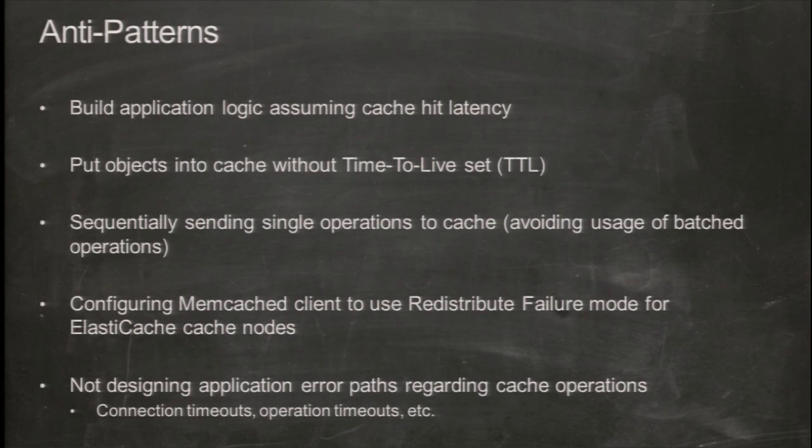So, anti-patterns. This is an area where we talk to a lot of customers, and we help them troubleshoot issues that they run into. What we see fairly often is that people assume a certain amount of latency or a certain percentage of cache hits, and so design their applications in a way that ends up making them somewhat brittle. So what we recommend is that you should assume, especially in a distributed environment, that you may need to deal with unpredictability from time to time, and build that into your application logic.